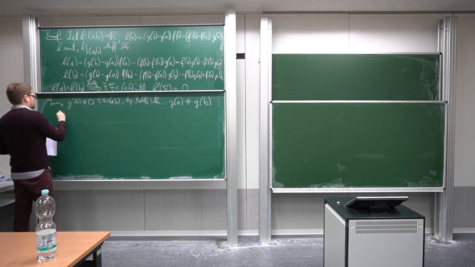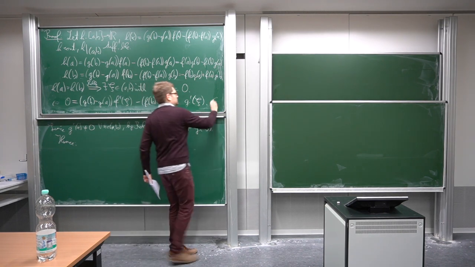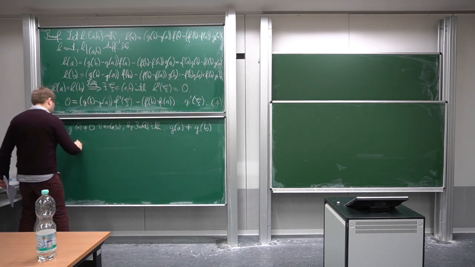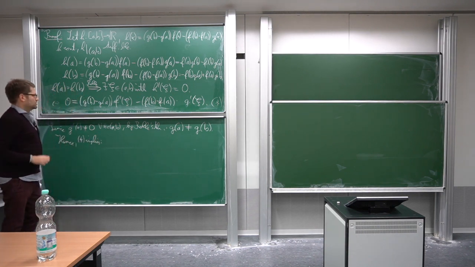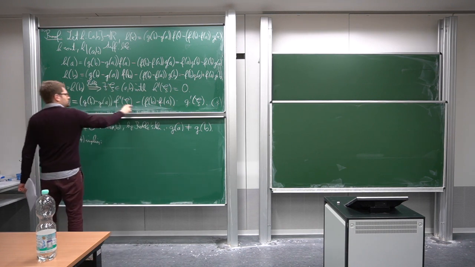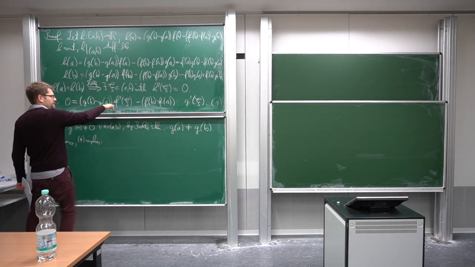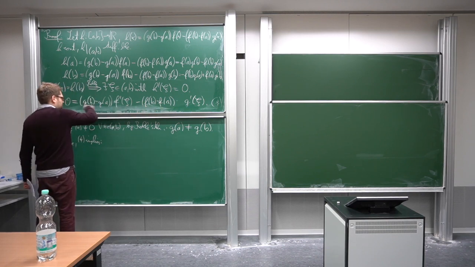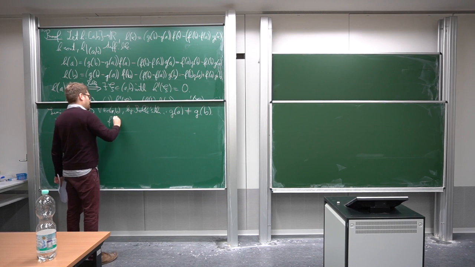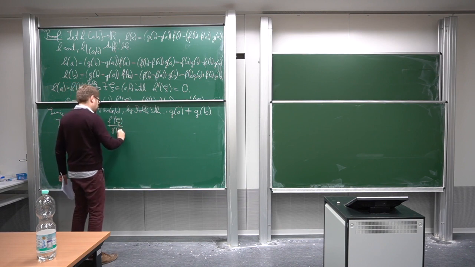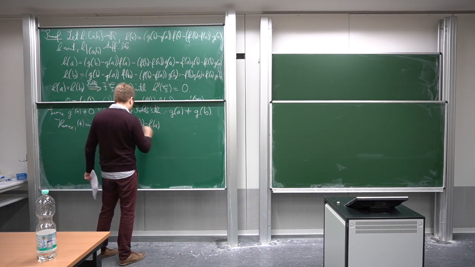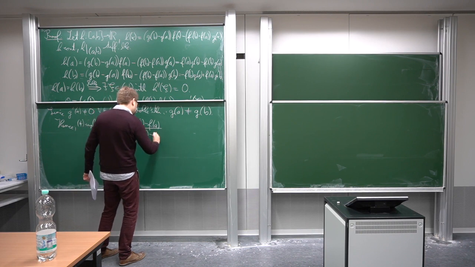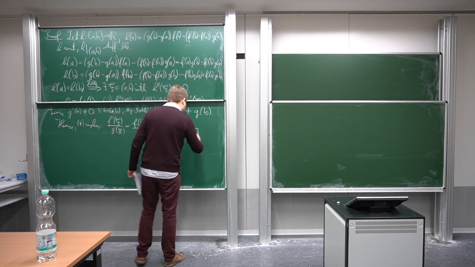Namely, if we take this equation here, we can just add this twice, bring this to the other side, and then divide by g prime of psi, which is non-zero, and divide by this term here, and then we get that f prime of psi divided by g prime of psi is equal to f of b minus f of a divided by g of b minus g of a, and this is what we wanted to show.